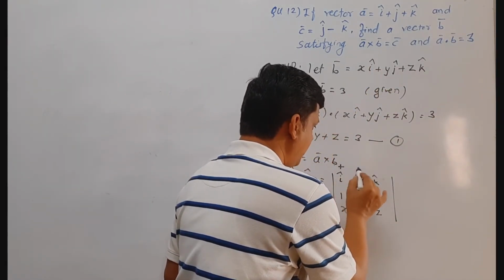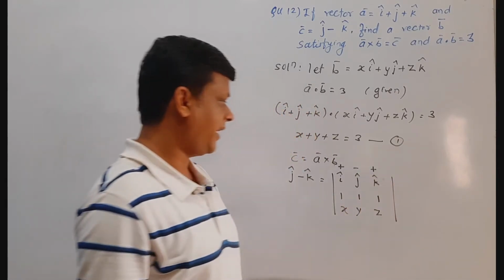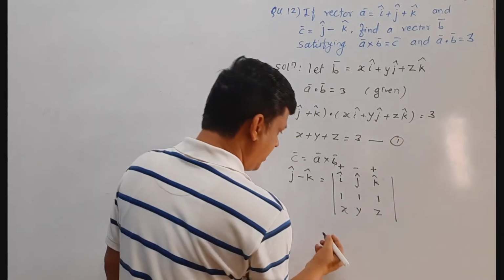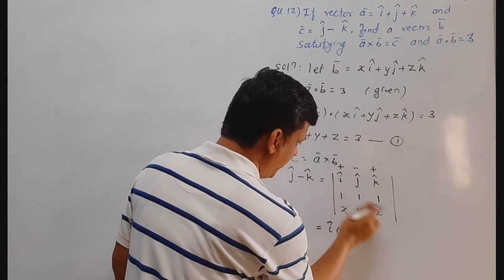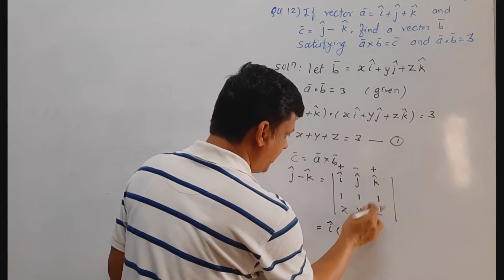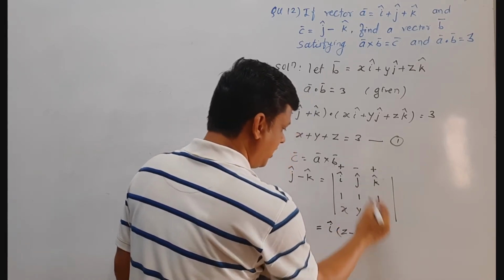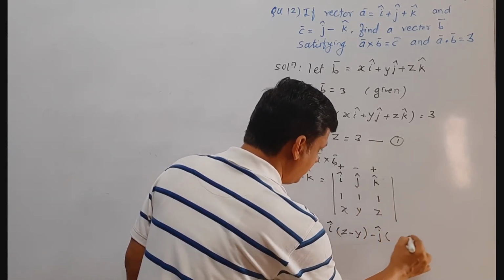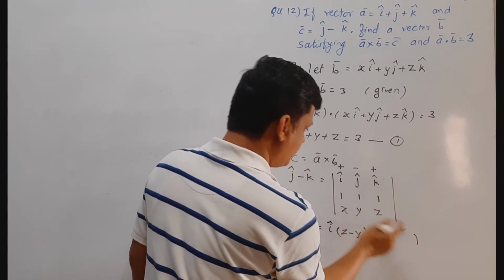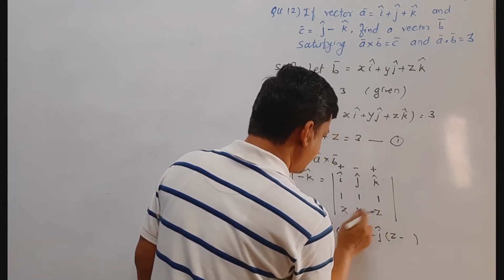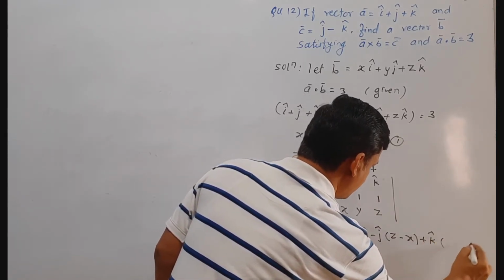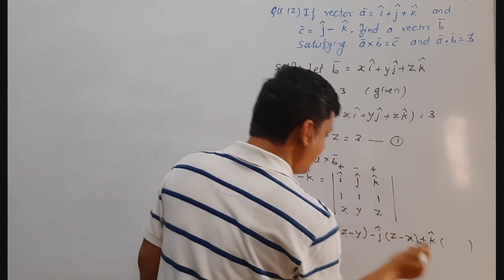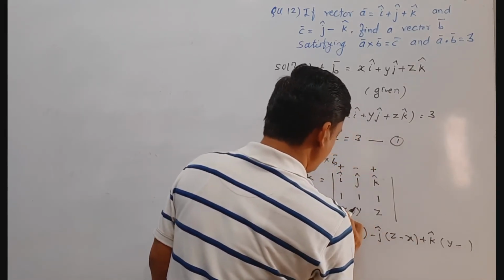Now we have to calculate this determinant. So we write here plus minus plus. Now calculate this determinant, which is equal to i (1 into z is z minus 1 into y is y), then minus j (1 into z is z, z minus x into 1 is x), then plus k in bracket (1 into y is y minus 1 into x is x).